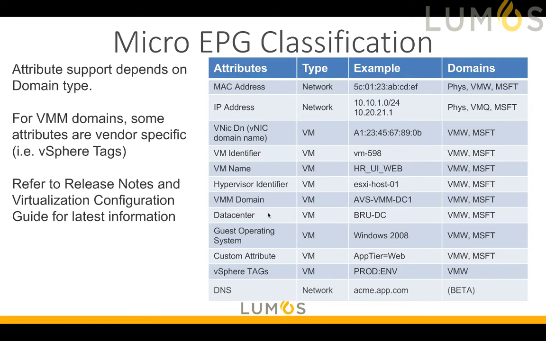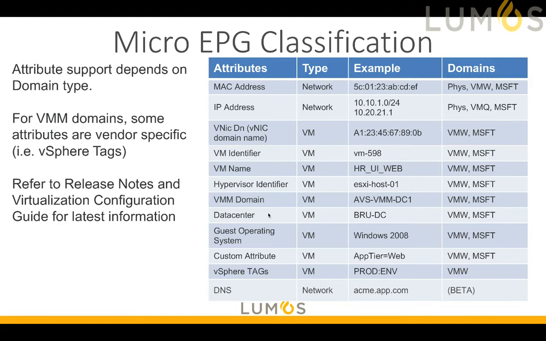So as I mentioned, there are different attribute type classifications, right? This is a quick list of what we can use to build our microseg EPG attribute list. As you can see here, I can match on MAC address, IP address, VM name, VMM domain, data center, operating systems. There's a fairly good sized list.